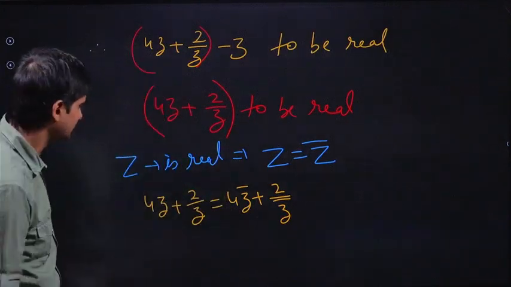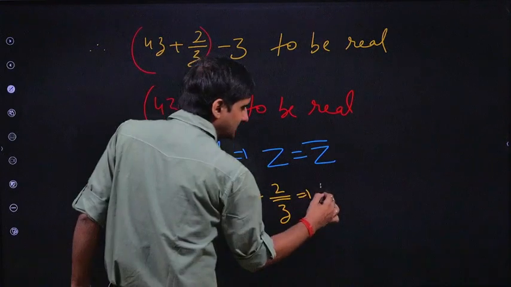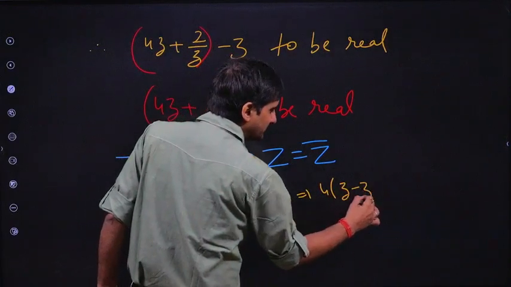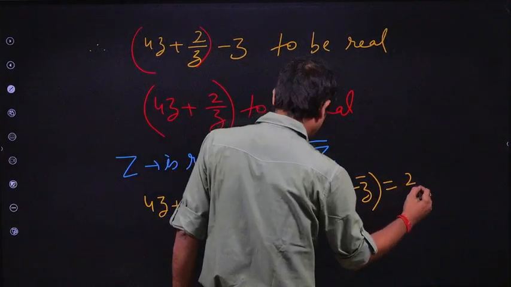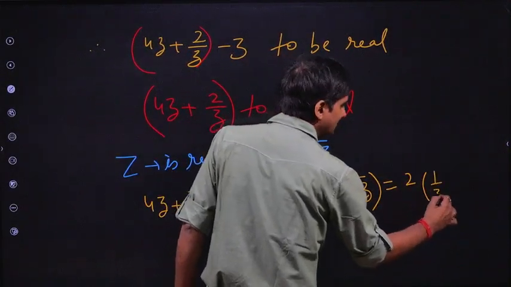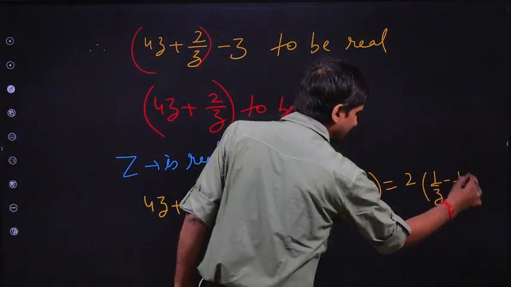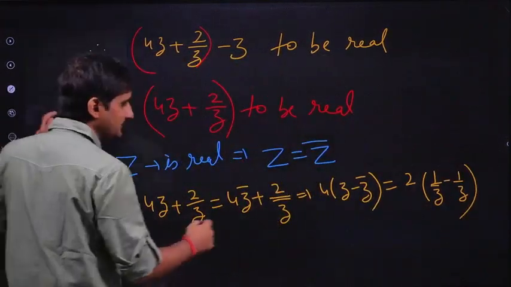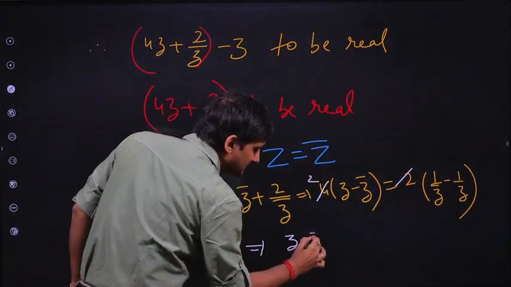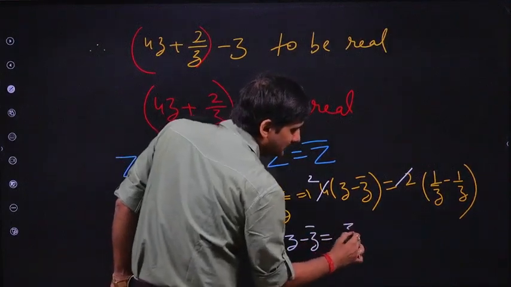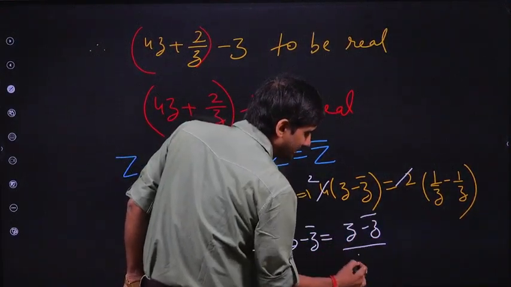So it's a simple distribution. Now we can write, collecting the similar type of terms on the same side, taking that to that side, it will be 2 times 1 by z bar minus 1 by z. Now what can we say? Taking LCM on the RHS, it's z minus z bar upon z bar into z.